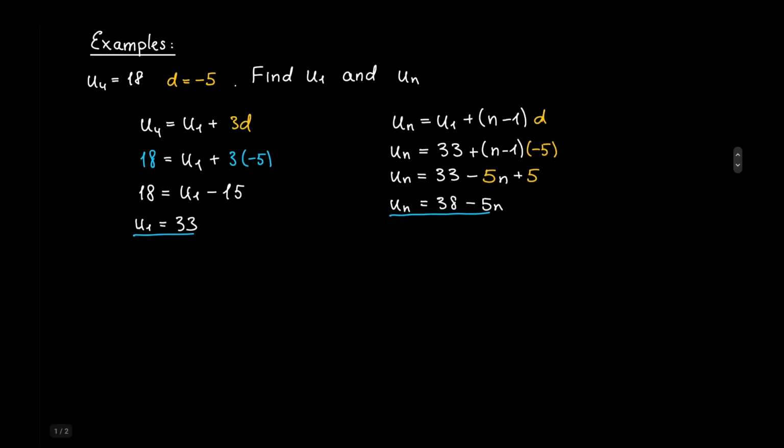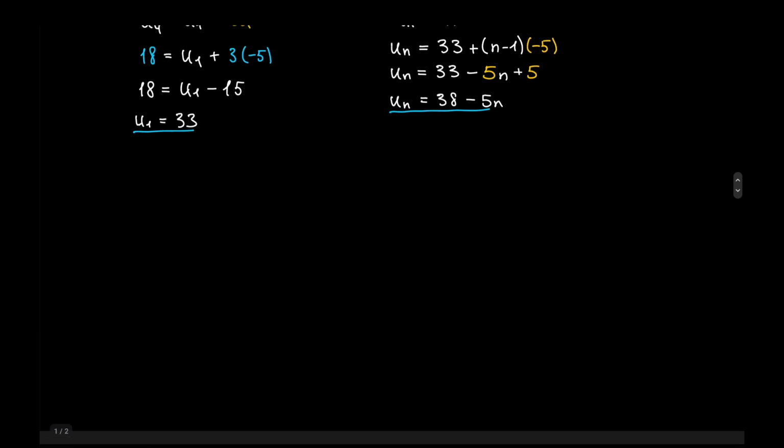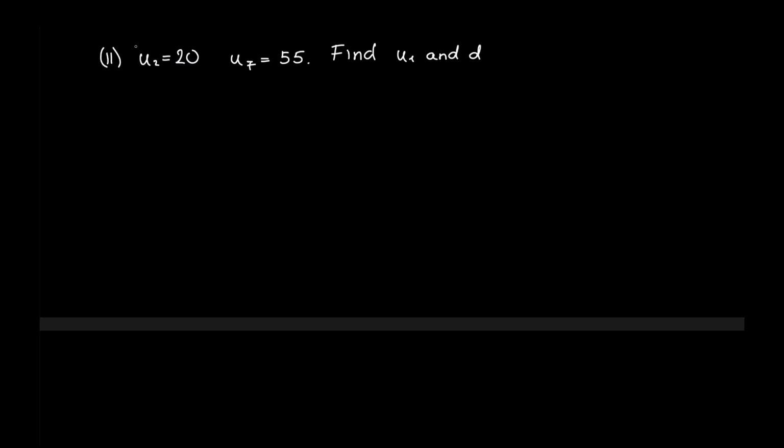So now let's take a look at another more complicated example. Let's say an arithmetic sequence has the second term 20 and the seventh term 55, and we need to find u1 and the difference. So now there are two ways that we can solve this. We can write u2 and u7 as expressions of u1 and common difference.